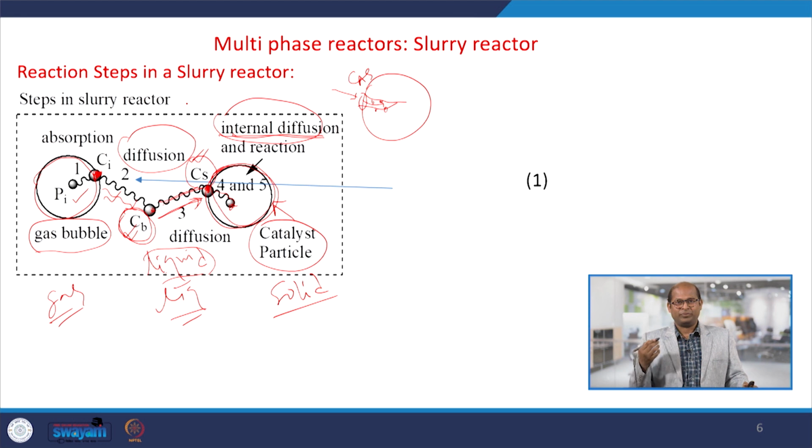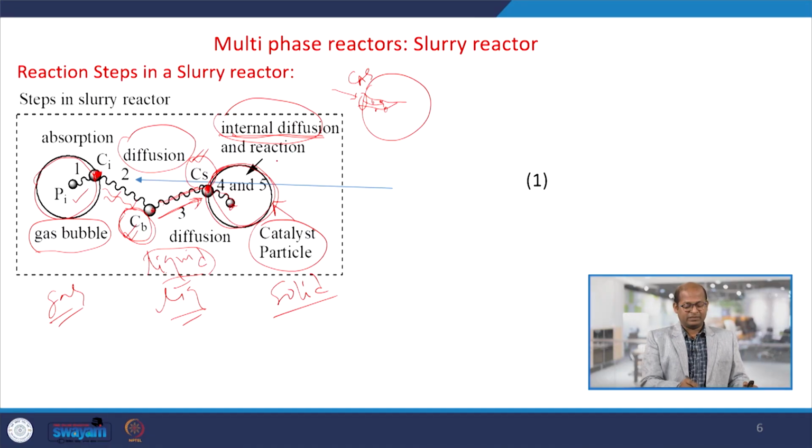Internal diffusion is the mass transfer of reactant molecules from the external surface to the inside of the pores of the catalyst particles for the reactions. Once component A has reached the inside of the particles, it takes part in the reactions and the reaction occurs. So steps 4 and 5 are internal diffusion and reactions that occur inside the catalyst surface. For each step you can see there is some resistance: 1, 2, 3, 4 and 5.